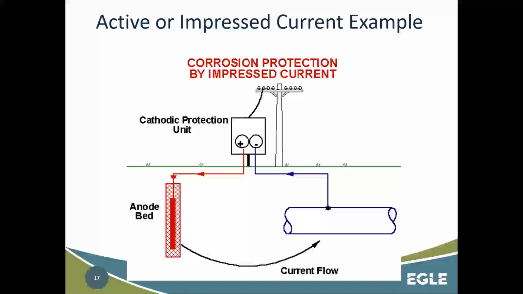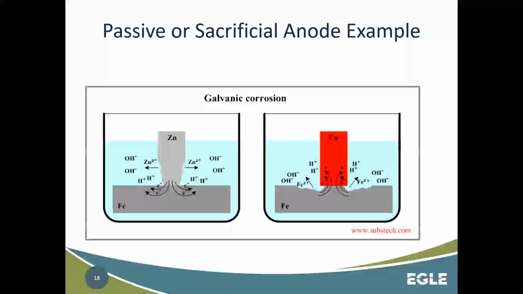I know this is probably more common in your gas industry, where they're trying to protect those lines with an impressed current. But again, I'm not sure how common it is in the drinking water world, except for a few examples like an elevated storage tank. Again, the more common one we're dealing with is that passive or sacrificial anode concept.